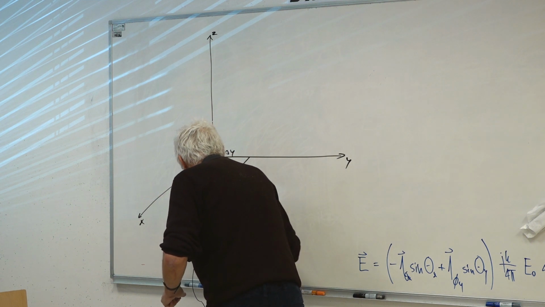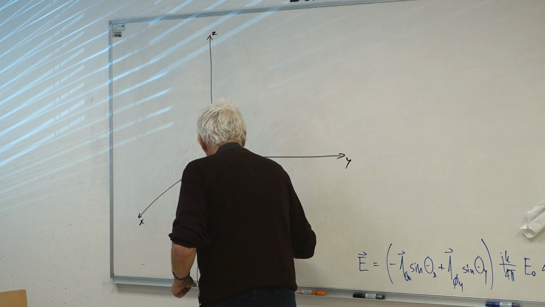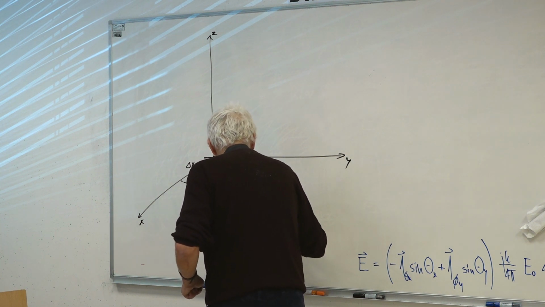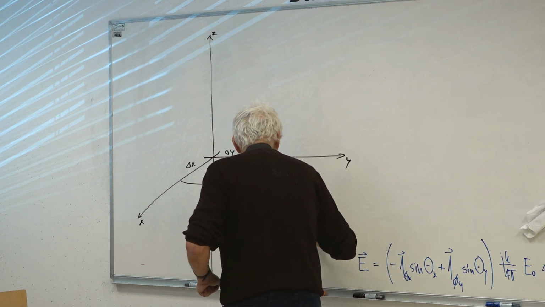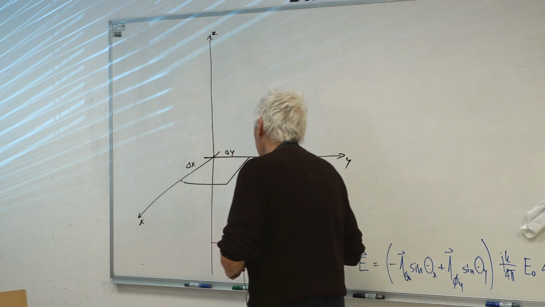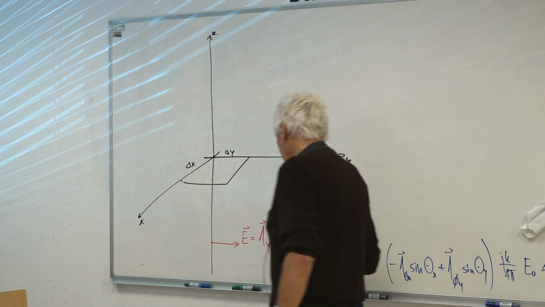We want to explore the other polarization. So the electric field now is equal to 1y times E0 times e to the minus jkz. This term will vanish when we come to the xy plane. What is the corresponding magnetic field?